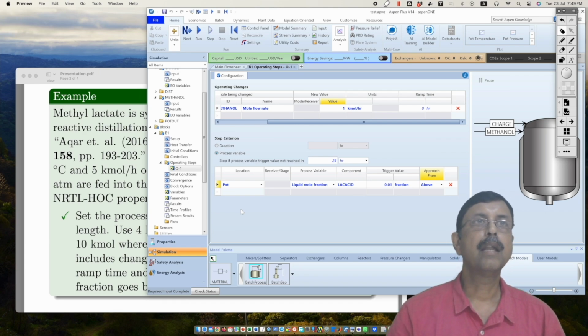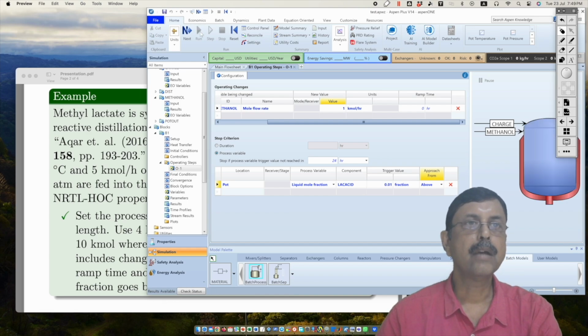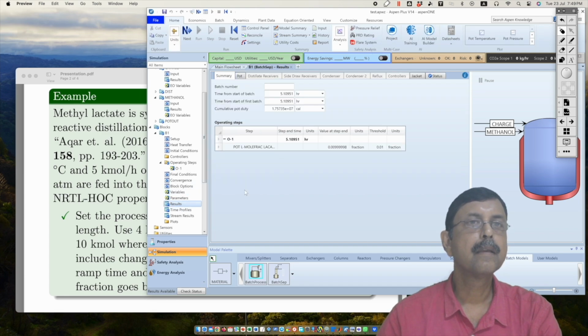Now let us run the process. Now the results are available. So let us see the results. You see the mole fraction. It has stopped at 5.10 hours.